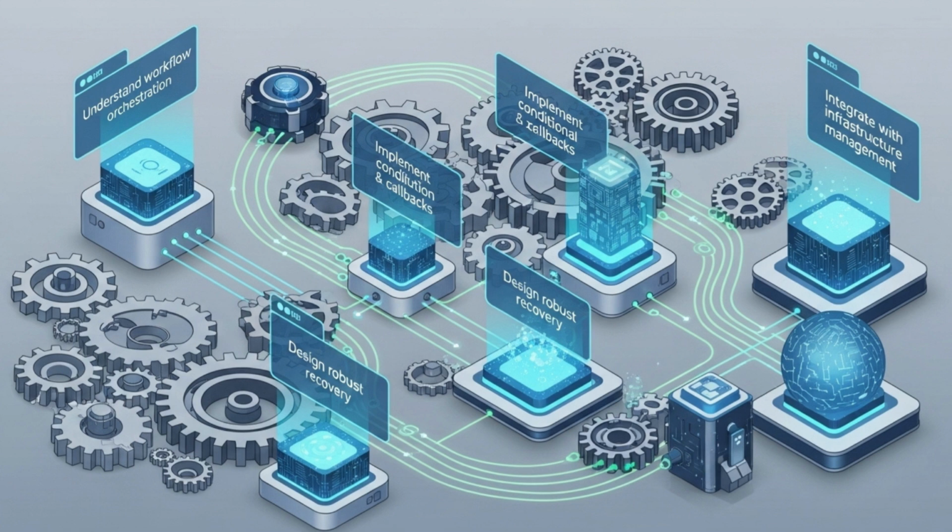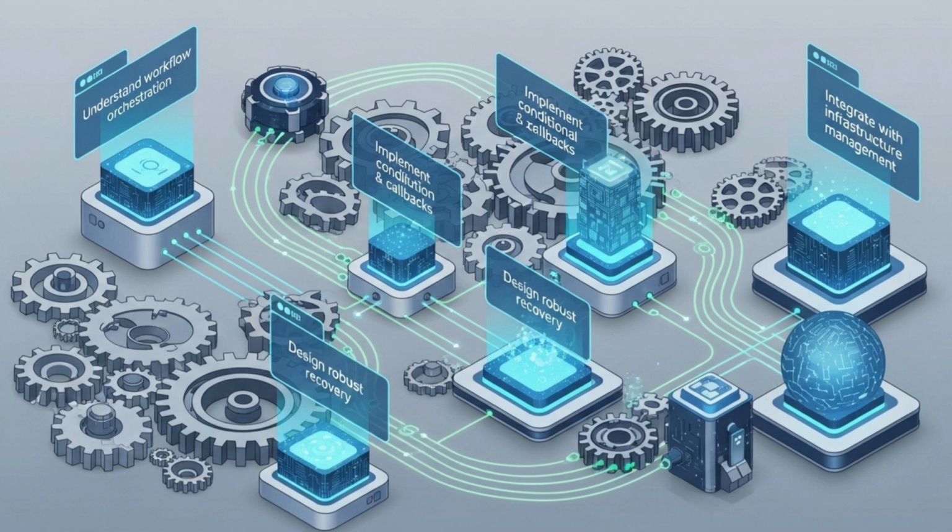By the end of this lesson, you will be equipped with the knowledge to design and implement sophisticated task engines. Specifically, you will understand the core principles of workflow orchestration and how to manage task dependencies effectively. You'll learn to implement conditional execution, allowing your tasks to make smart runtime decisions, and integrate event-driven callbacks for seamless system integration.